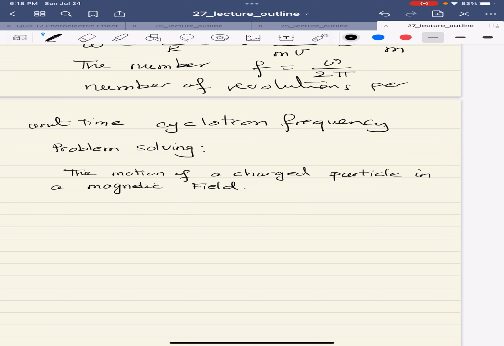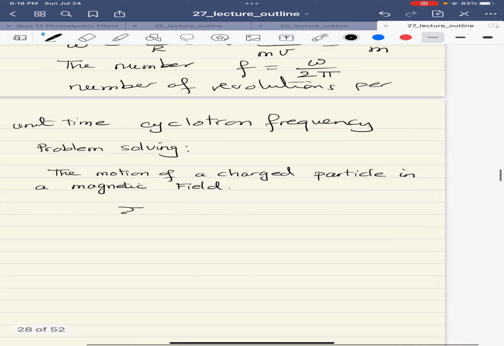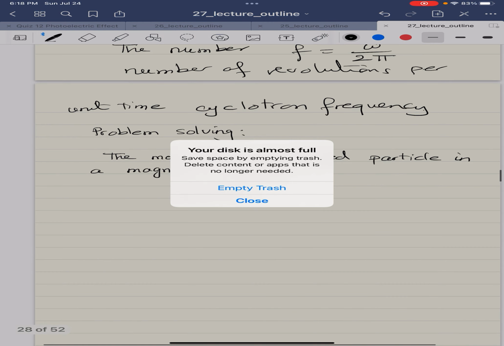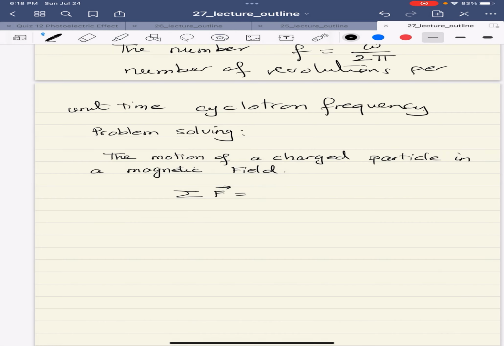And here we know that sigma F equals ma, and that is Newton's second law.